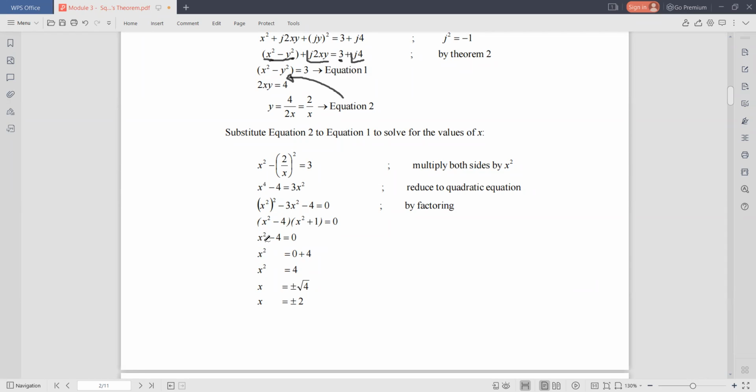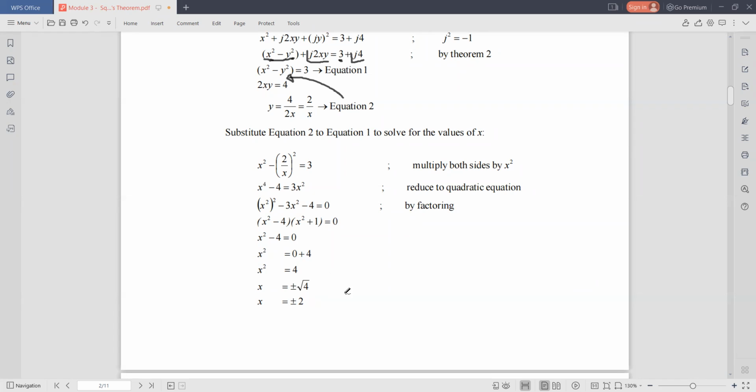And now here we have your x squared minus 4 is equal to 0, or x squared is equal to 0 plus 4. Nilipat natin sa kabila. Or your x now is just equal to plus minus square root of 4. Okay, and finally your x is plus minus 2 dito.